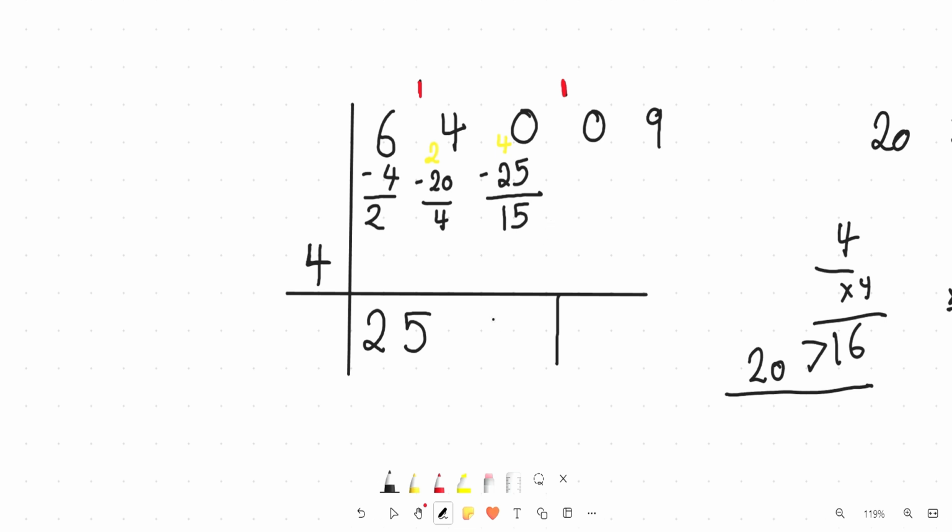So next we divide 15 by 4. So 15 by 4 would come up to 3. Shall we check if it works? So 3, okay. So we have minus 12. This subtraction part should mainly be done in the head.